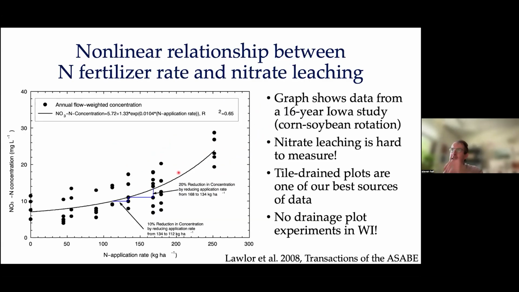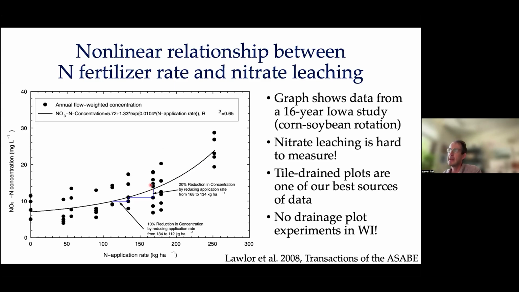Okay, and so the challenge: there are gazillions of these yield response curves out there. The story for nitrate leaching is there's a lot less data out there, and part of the challenge is it's really hard to do this. And I think one of the best data sets out there actually comes from colleagues in Iowa at Iowa State University, where they have some of these long-term drainage plot experiments.